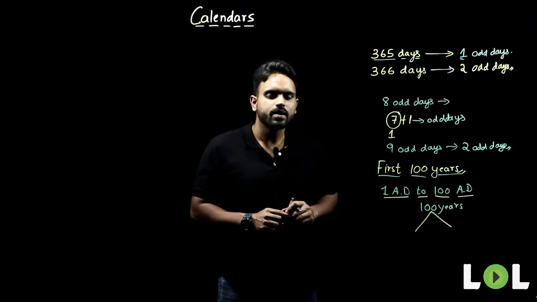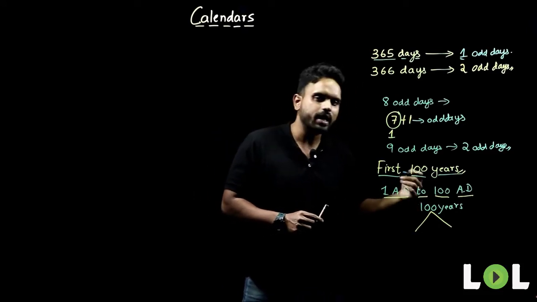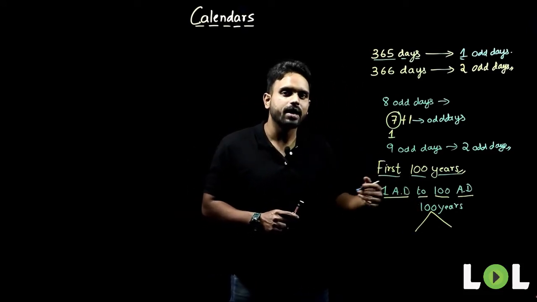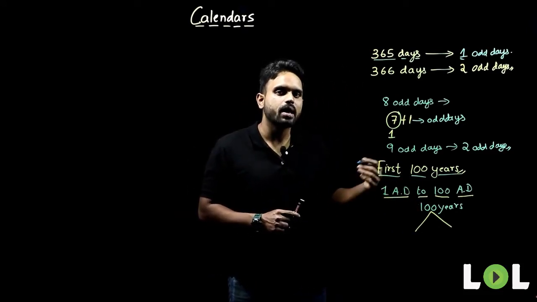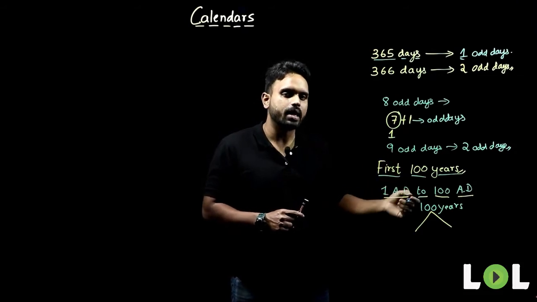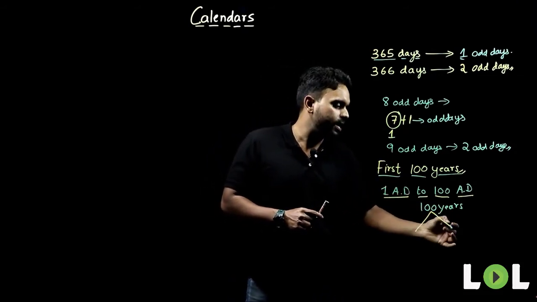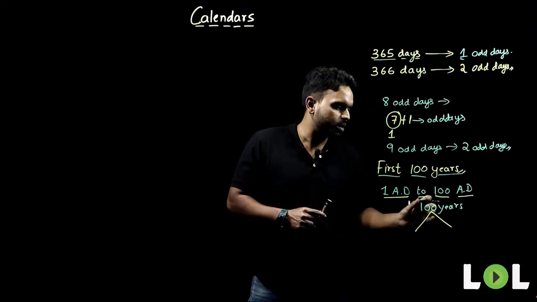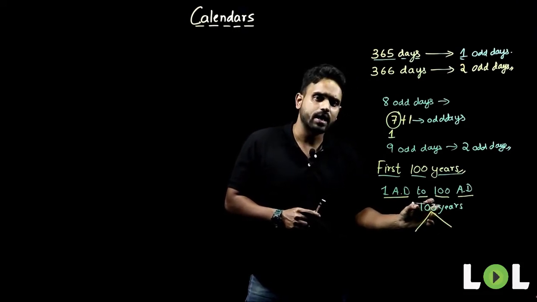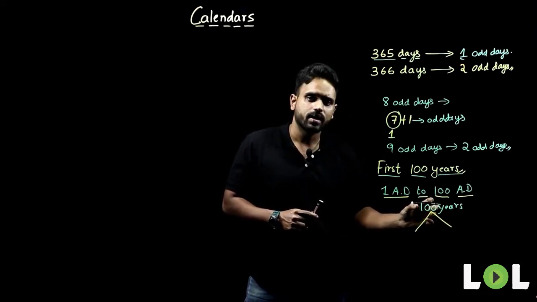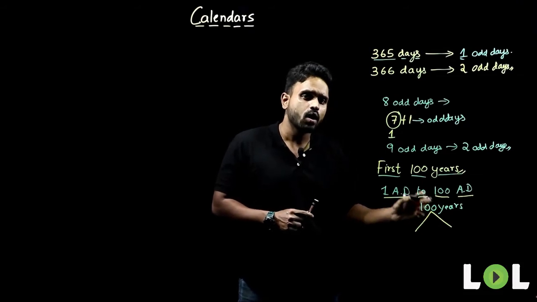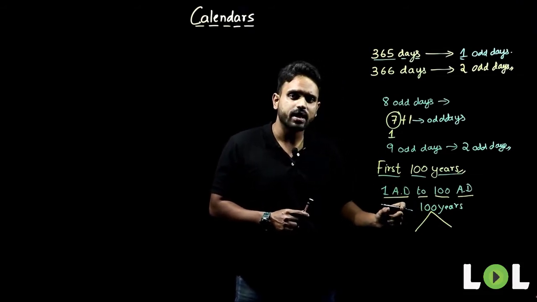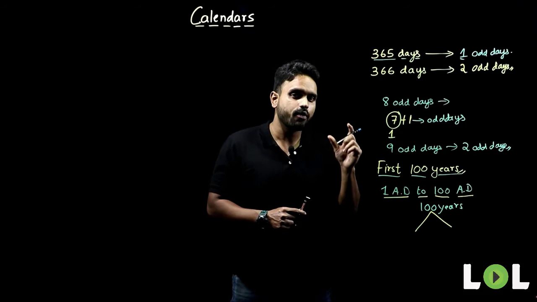Yes, in these 100 years, how many leap years do I have? Start thinking, how many leap years do I have? How do I calculate the number of leap years? A leap year should be a multiple of 4. Multiple of 4, in 100, how many times can I go? 25 times. But I have a century year here. Century year is 100. For a century year to be a leap year, what is the prerequisite? That it must be divisible by 400.